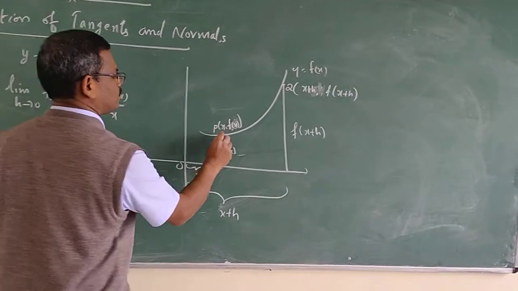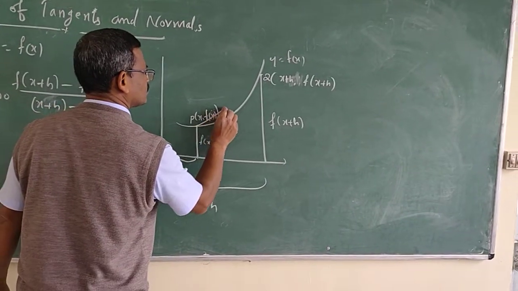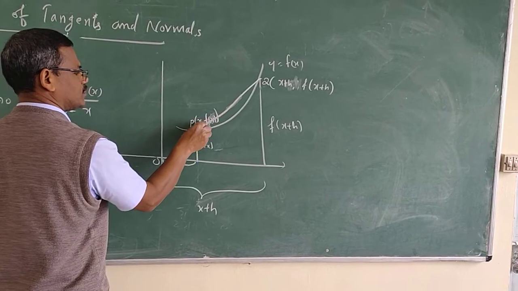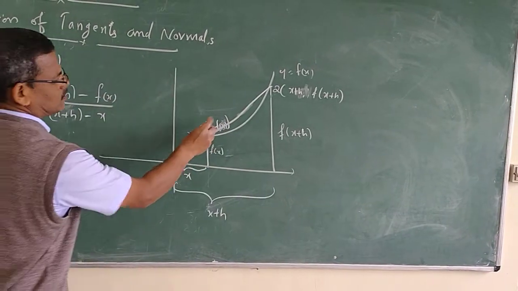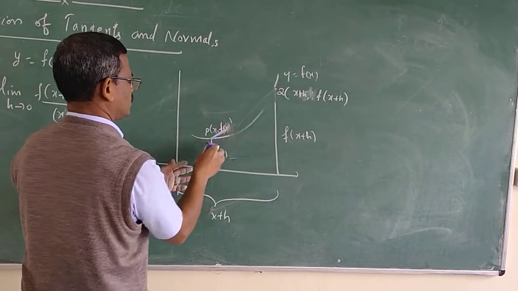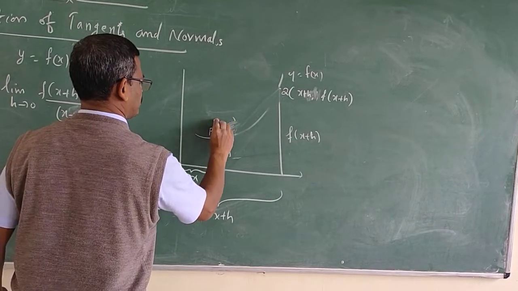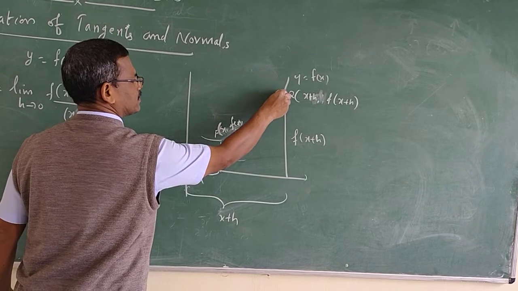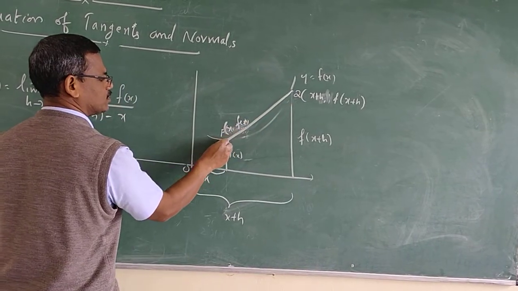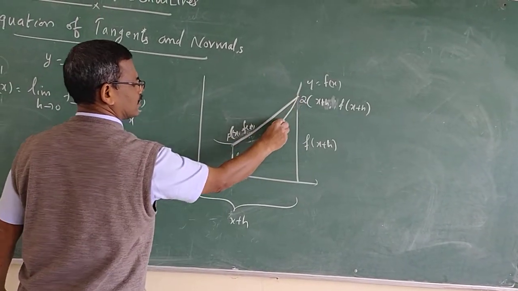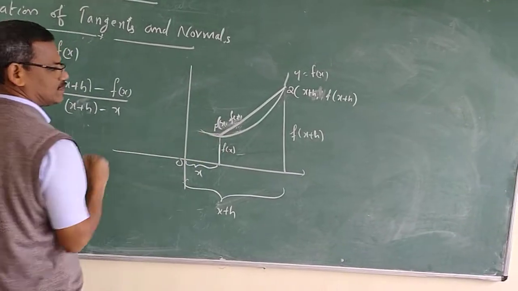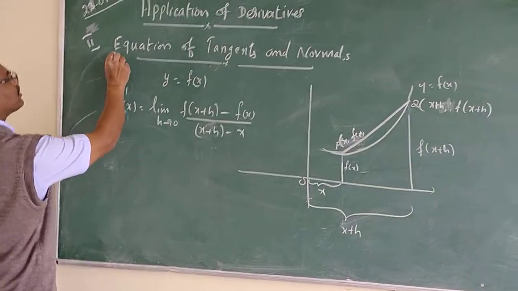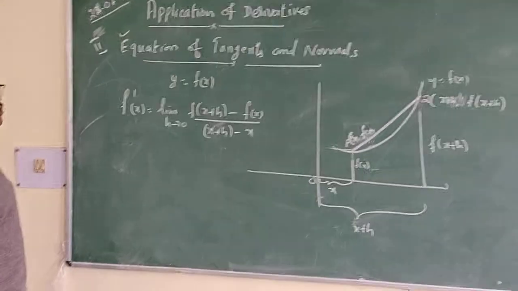So this is P, with coordinates x, f of x. Let me join P and Q. Now I have written the equation of tangent and normal.